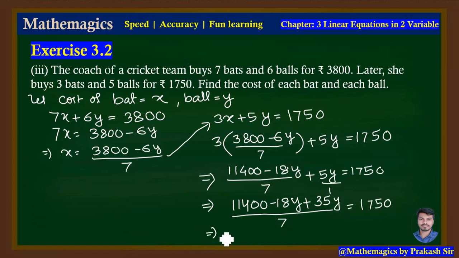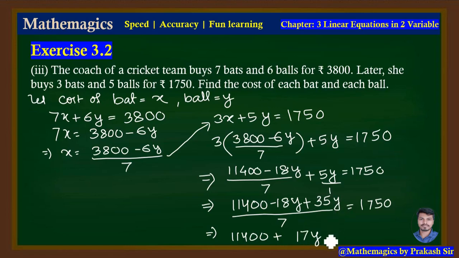Implies that, dear friends, 11,400 plus 35y minus 18y, which becomes 17y. Let us check it. Yeah, correct.